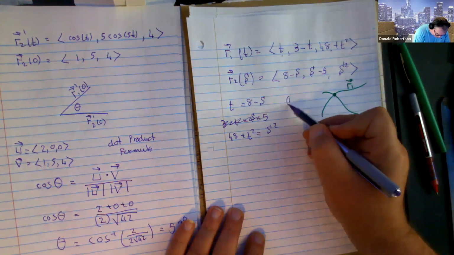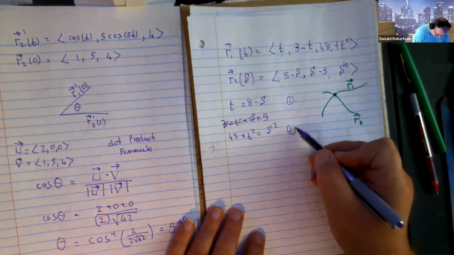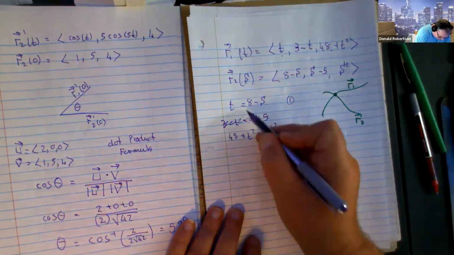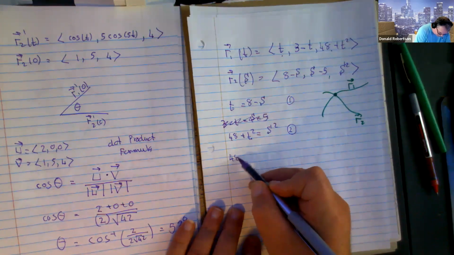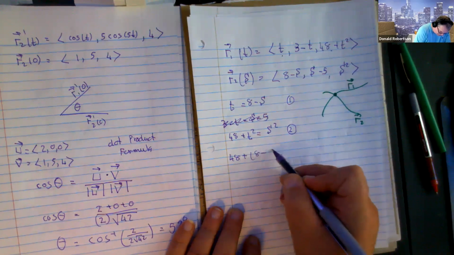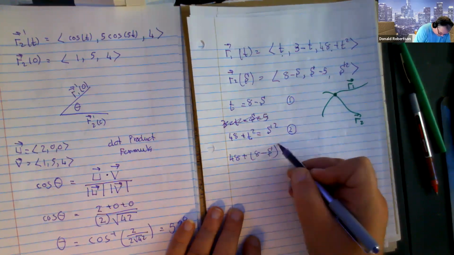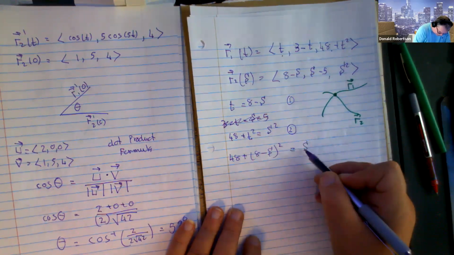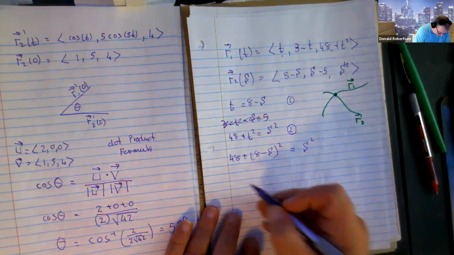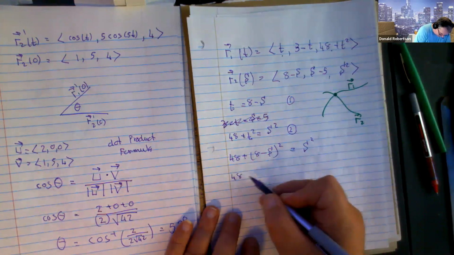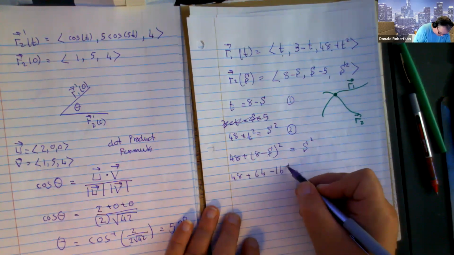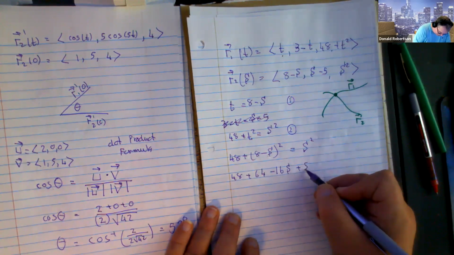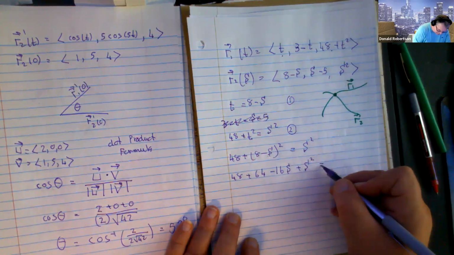So I'm going to call that equation 1. I'm going to call this equation 2. If I plug t for that in here, I get 48 take away this squared equals s squared. If you FOIL this out, you'll get 64 take away 16s plus s squared equals s squared.